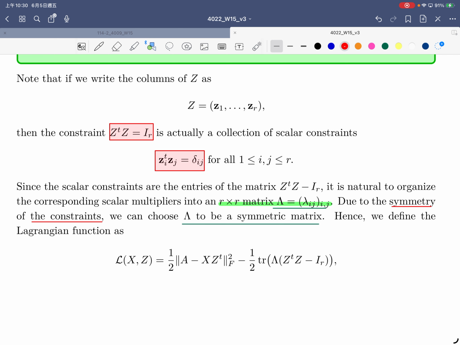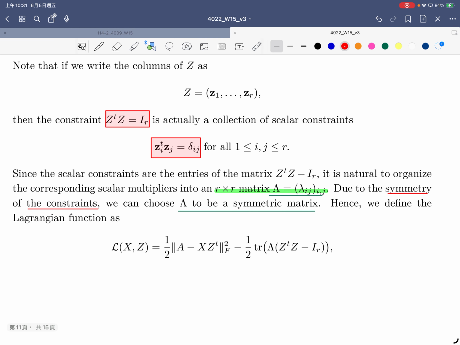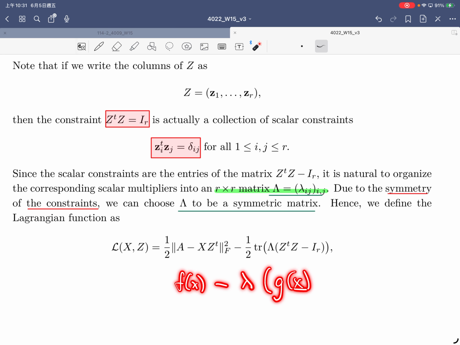So why do you do all this? Because now I can formulate my Lagrangian function. I don't think in Calculus 3 we introduced the Lagrangian function, but it is just the objective function, the function that you want to optimize, minus lambda times your constraint. Now we're doing essentially the same thing.